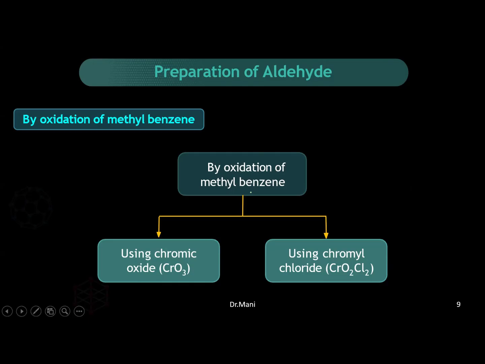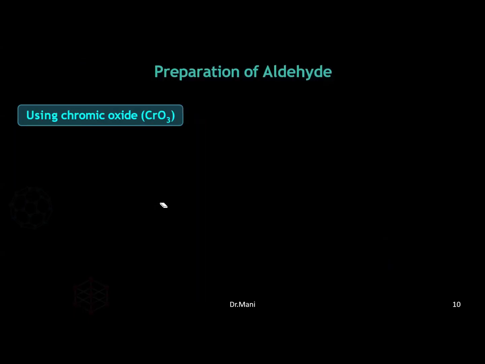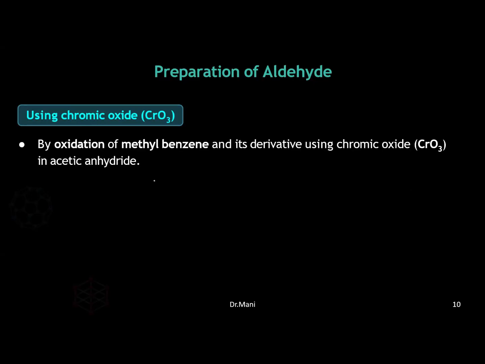So let's see how we do that. The first one is by using chromic oxide: oxidation of methylbenzene and its derivatives using chromic oxide in acetic anhydride. What we are taking here is methylbenzene, or whatever compounds are derived from methylbenzene, and by using chromic oxide in acetic anhydride, we are converting that into an aldehyde.